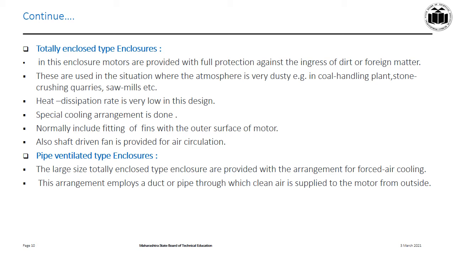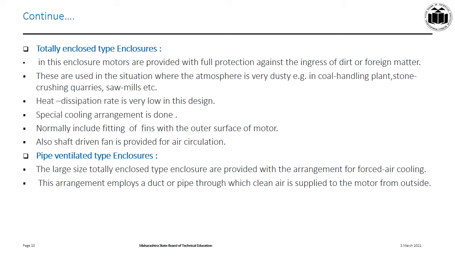Totally enclosed type enclosure. As the name indicates, the enclosure is covering it fully. So in this enclosure, motors are provided with full protection against the ingress of dirt, dust or any foreign matter.